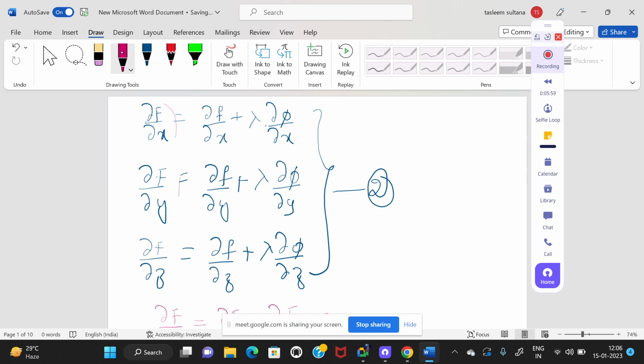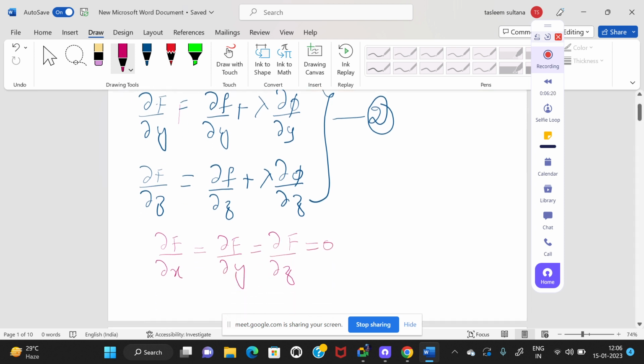When we solve these equations, we are going to get the lambda value that will be helpful for finding your x, y, and z values.